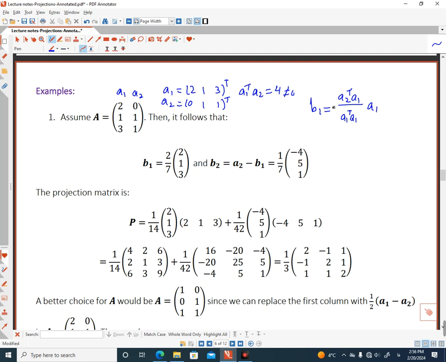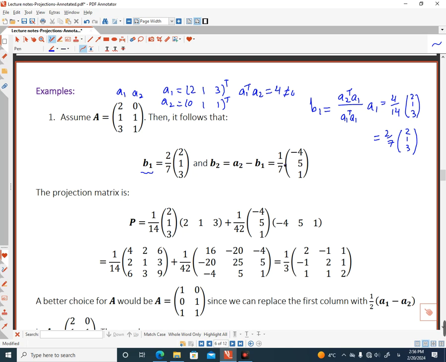If I do the computation, then it is given by 4 divided by 14, 2 1 3, which I can simply write as 2 divided by 7, 2 1 3. So you see we can find B1, and simply B2 is A2 minus B1. If we do the same computation, we will get to this B2.